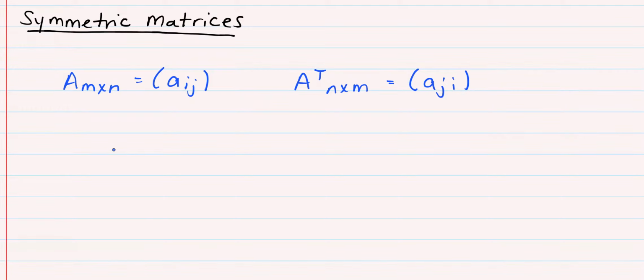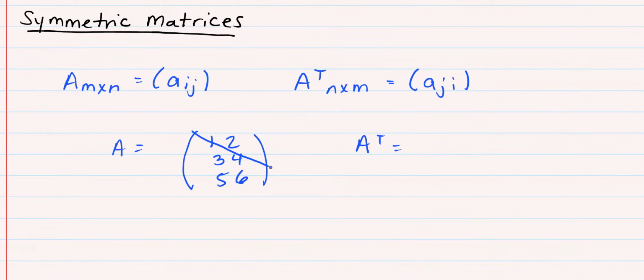So for example, if we had the matrix 1, 2, 3, 4, 5, 6, then the transpose is flipping this matrix along this diagonal. So this is a 3 by 2 matrix. We're going to have a 2 by 3 matrix. That looks like this.